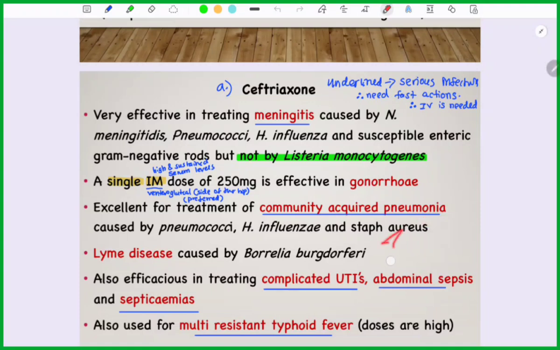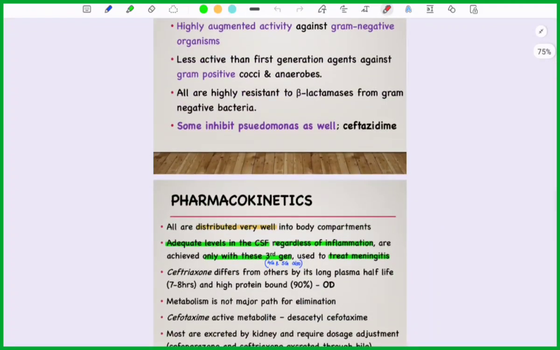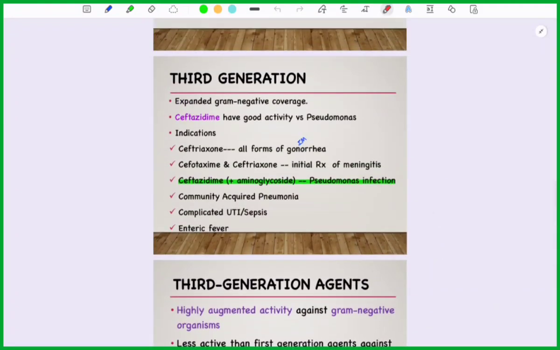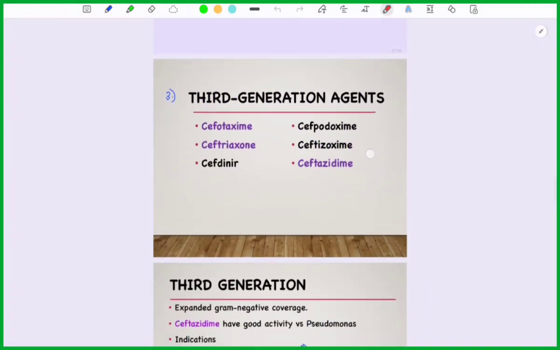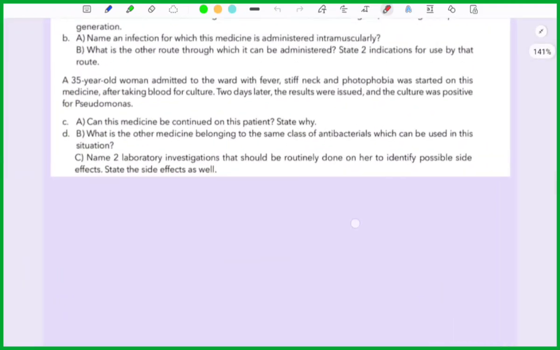That's why we are using IV instead of IM here. So that's the rationale between IM and IV usage for various infections: IM for gonorrhea, IV for other infections requiring immediate therapy.